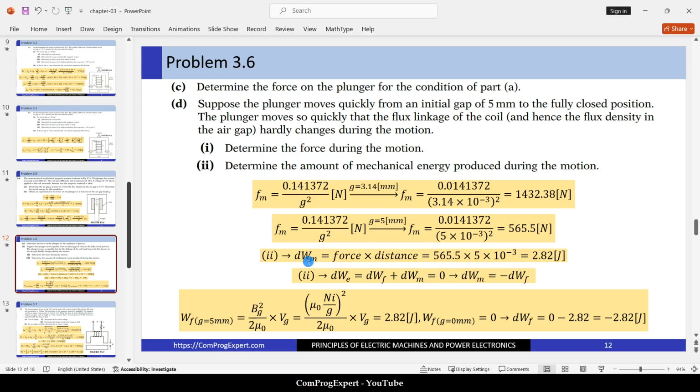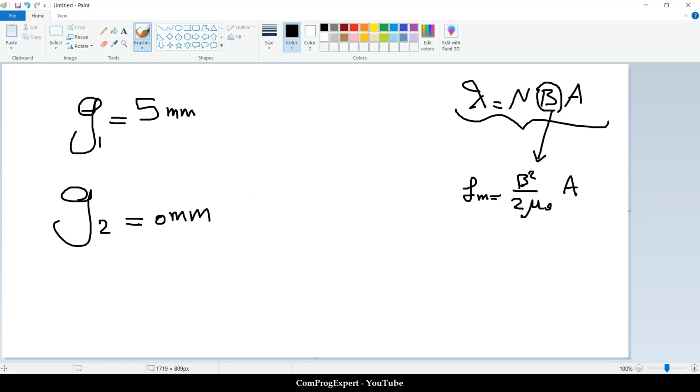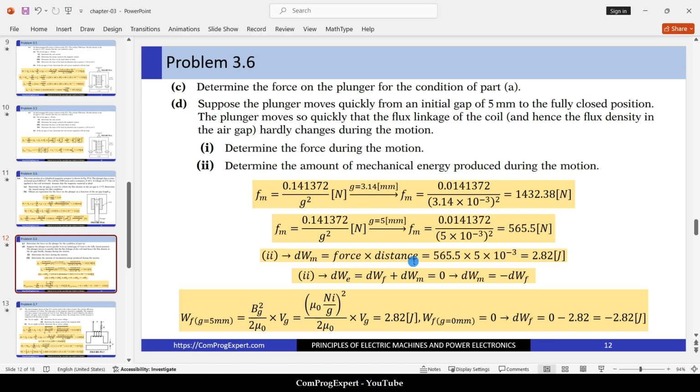How much is the mechanical work done? I am going to calculate it using two methods. The method 1, we know that dWm is force times the distance of movement. In our case, the distance of the movement is 5 millimeters.